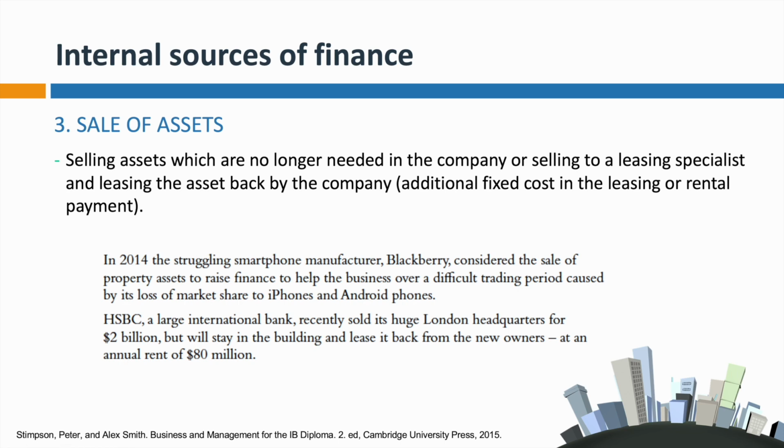They were paying a rent of $80 million. Obviously, this was a fixed cost, but at the same time, straight away after the sale they had a large sum of cash, a large sum of finance that they could use elsewhere, however they wanted.